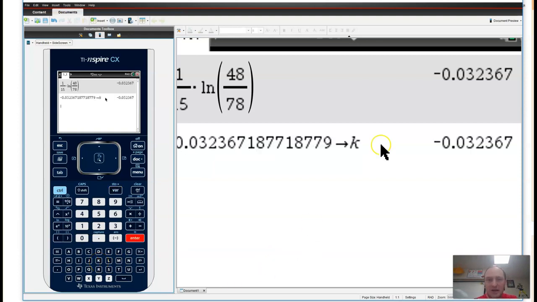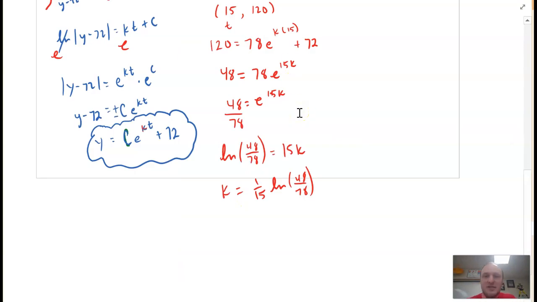I'll hit enter, and what they're telling us is that now if I use that variable k, it's going to represent this number. Okay, and I'll come back to that in a second. So this is approximately negative 0.032. It would have been more digits, but what we did was we stored that as k.